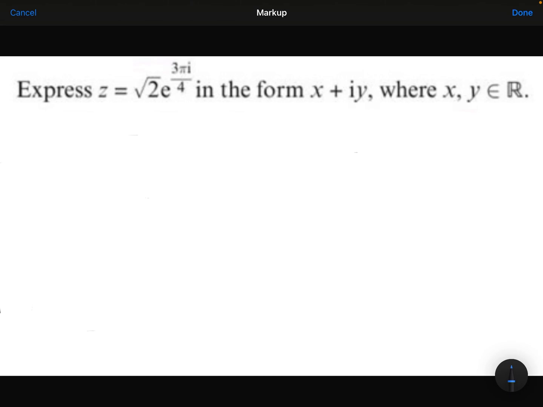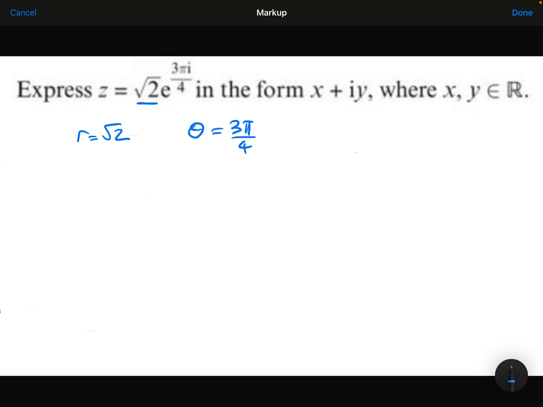Okay, so I've now been given a complex number in exponential form, and I want to write this in Cartesian form. So I can see that my modulus is root 2, and I can see that my argument is 3/4 pi.